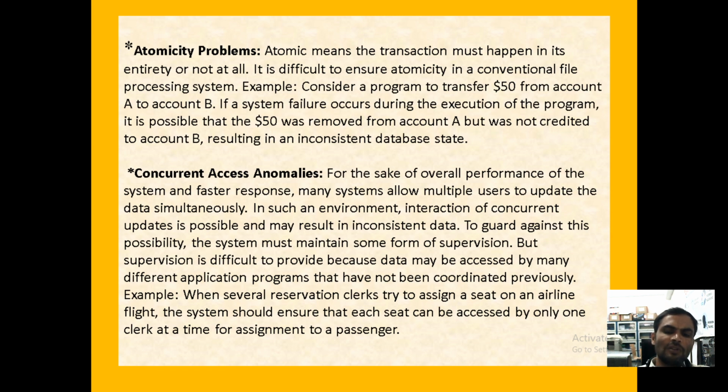For example, at counter 5 a person is asking for a ticket to Bangalore, and at counter 8 another person also wants to book a ticket. That is concurrency. They should access in parallel.